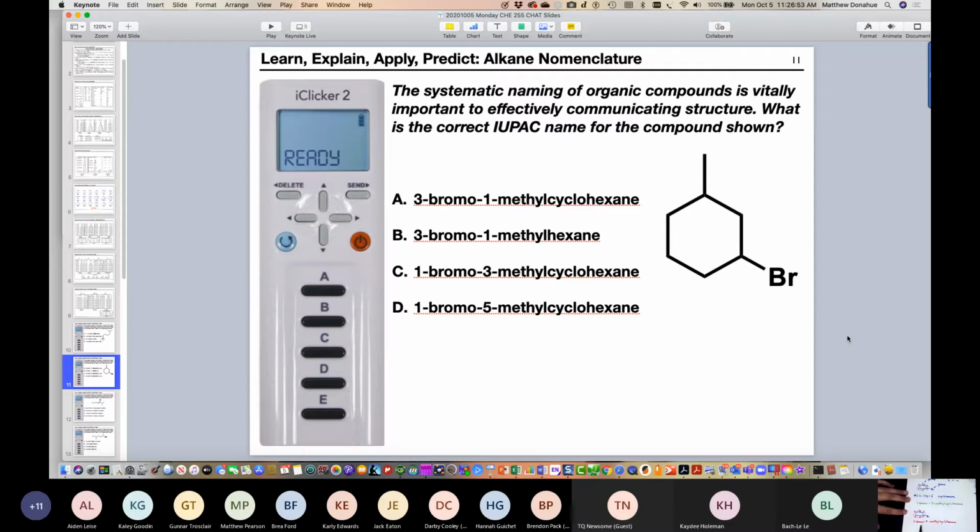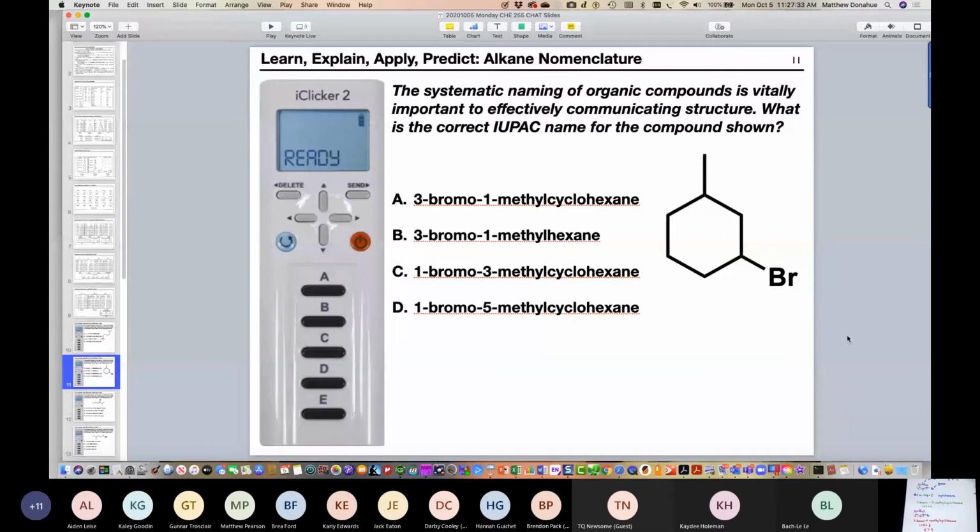Now the reason this is not the correct name is the following. If you take these two numbers here, 1 and 3, 1 plus 3 is equal to 4. Now if you take these two numbers here, 1 plus 5 is equal to 6. 6 is greater than 4. So the reason that this is not the correct name is because you've given the locant numbers a higher number.